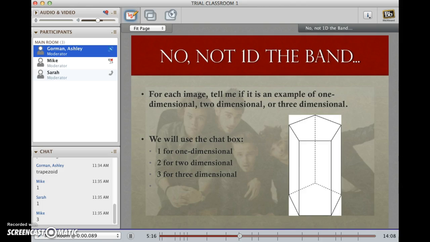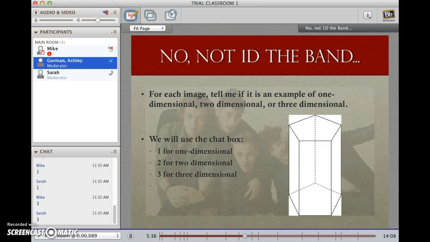All right, I've got one more. Is that going to be 1-dimensional, 2-dimensional, or 3-dimensional? Oh, everybody says 3. That's great. That's actually going to be a pentagonal prism because the bottom is a pentagon. Raise your hand if you know how many sides a pentagon has. Oh, Mike's in first.